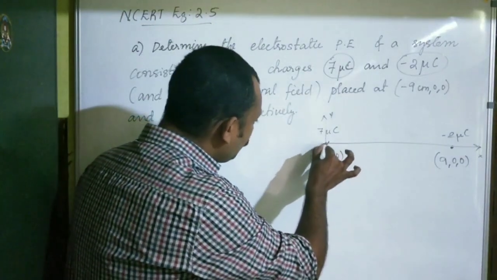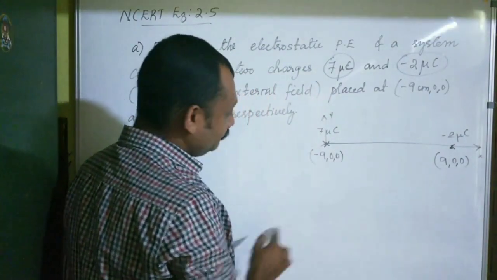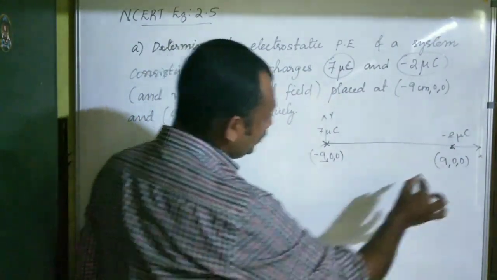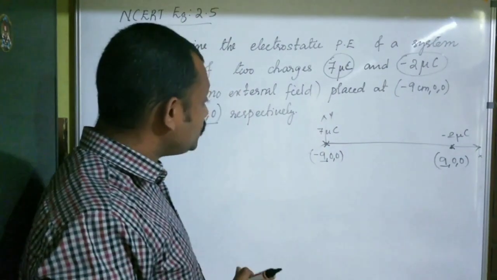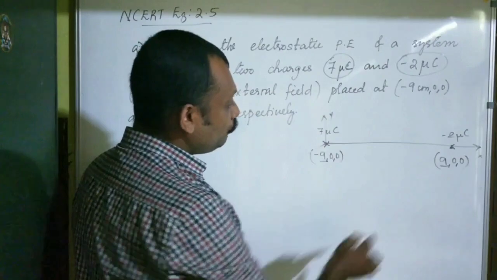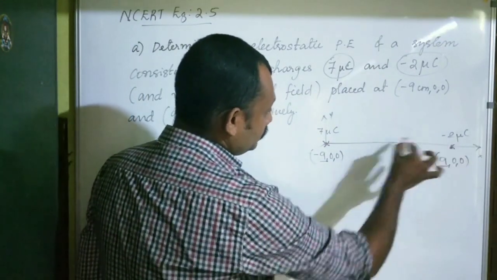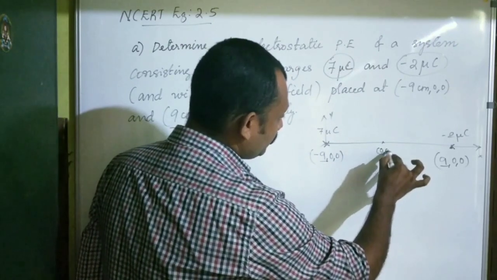Now tell me what is the separation between these two charges. Here it is minus 9, here it is plus 9. So the origin should be somewhere here.